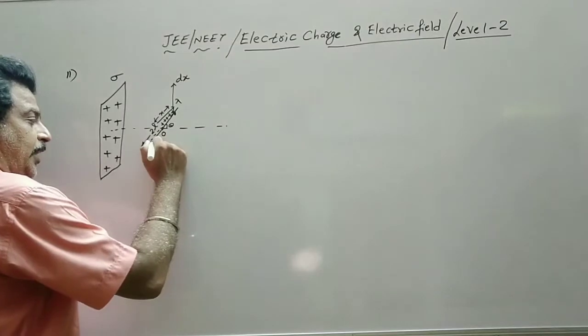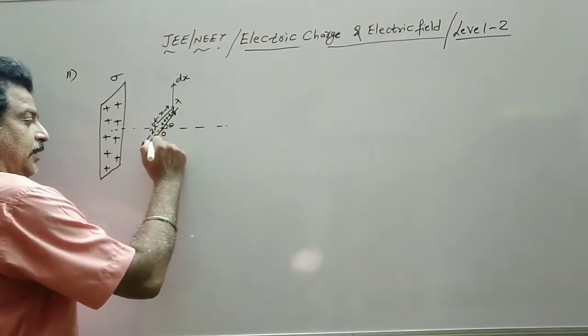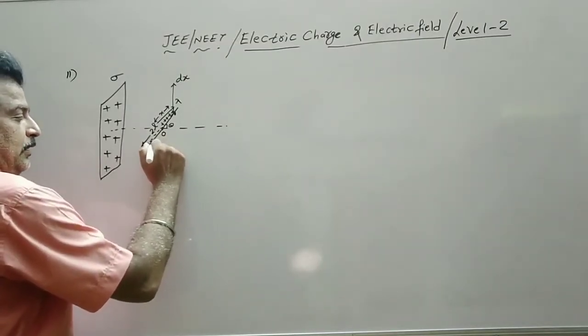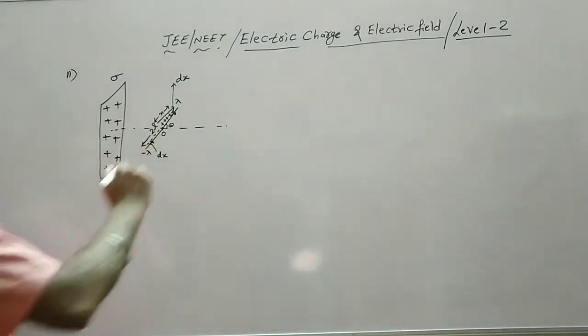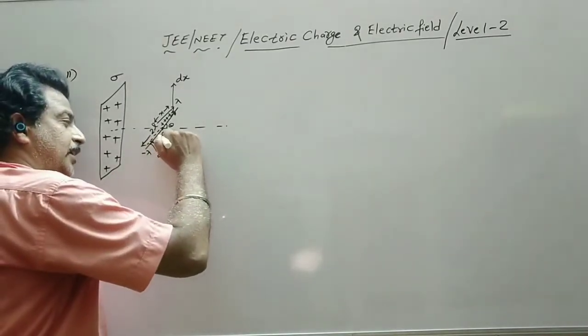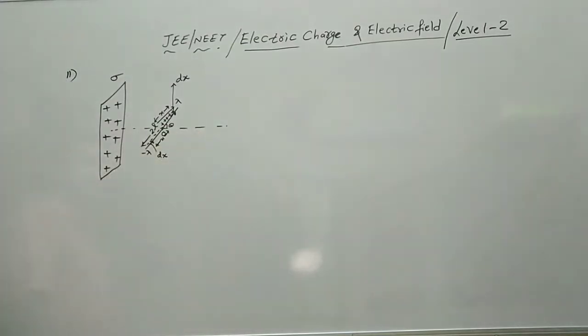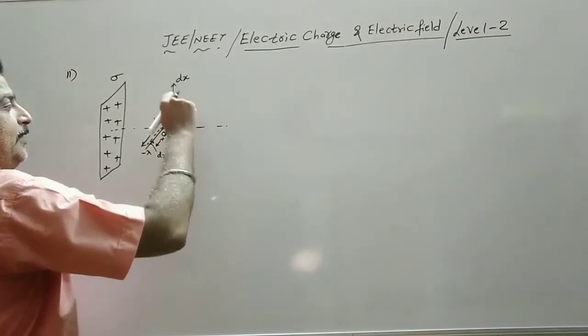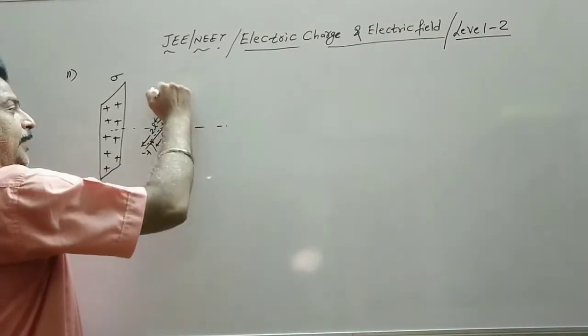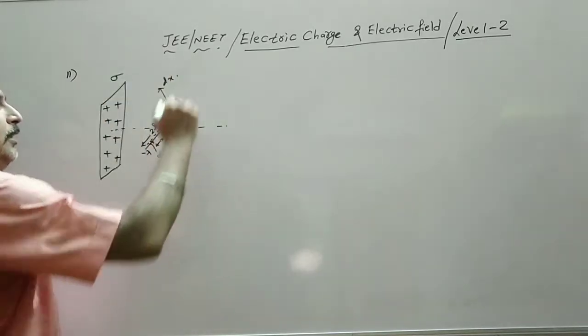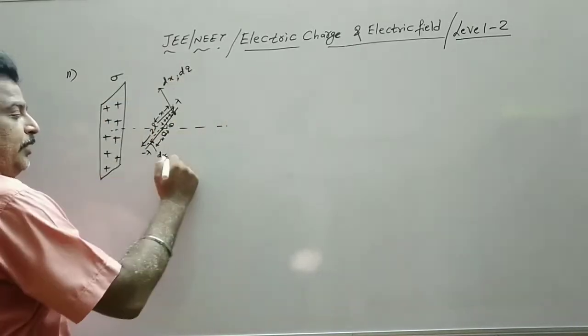Consider another element dx on the other half at the same distance from the center, that is x. We have taken the length as dx. Let the charge on them be dq.